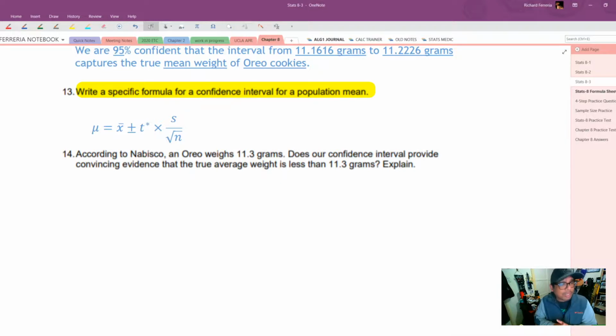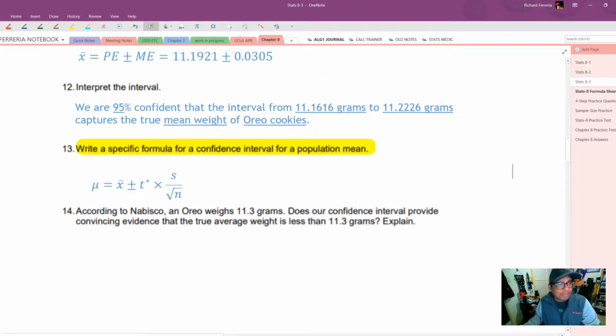So, according to Nabisco, an Oreo weighs 11.3 grams. Does the interval provide convincing evidence that the true weight is less than 11.3 grams? Well, let's see. All plausible values for the average weight is 11.16 to 11.22.